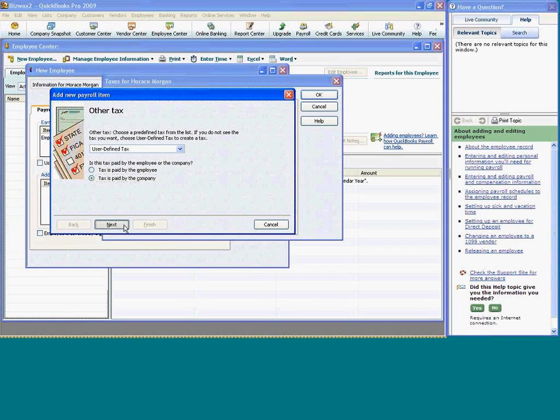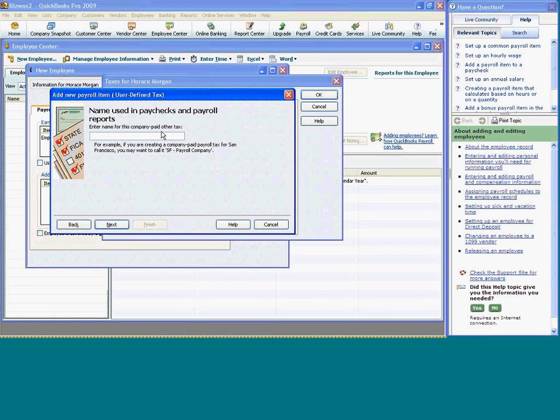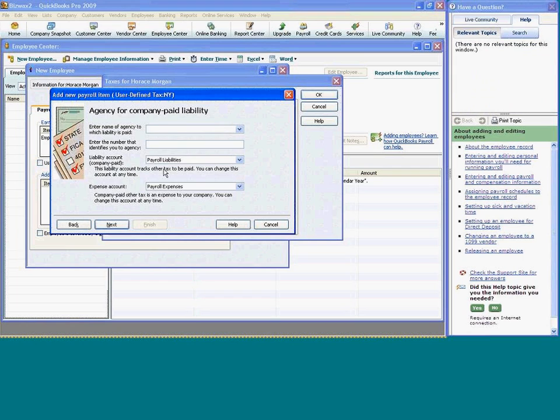Taxes paid by the company. They'll pay the liability.